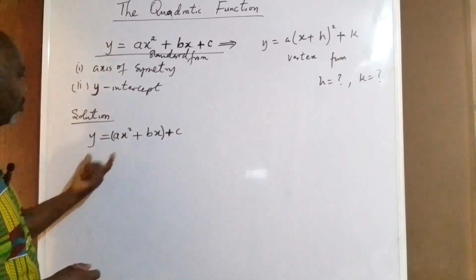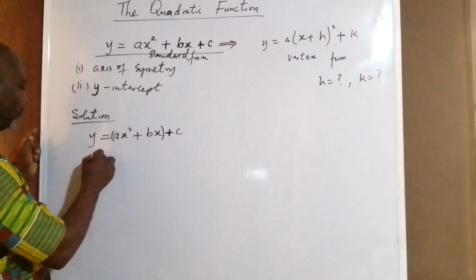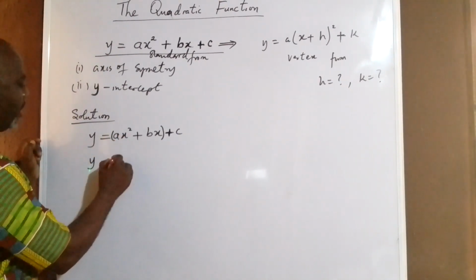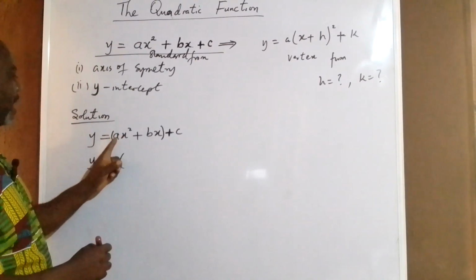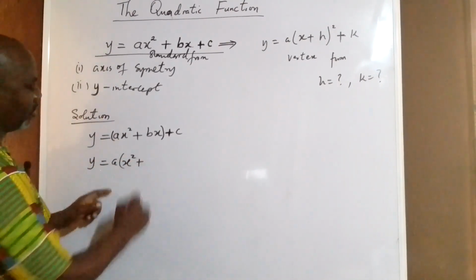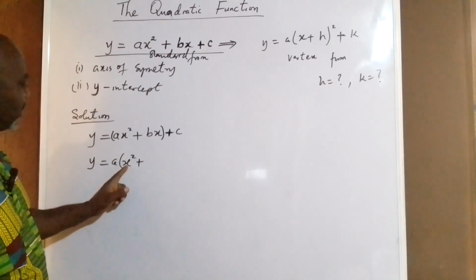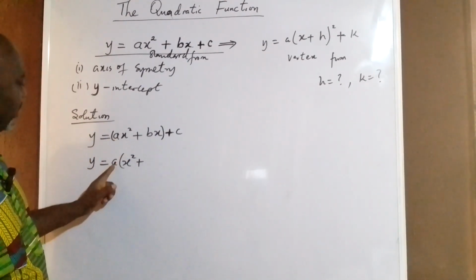So the next thing is I want to factorize a out. I'll bring out the a, and then once I bring out the a, in the bracket I'm going to have x squared plus. Since I've brought out the a, how did I get the x squared? I divide ax squared by the a.